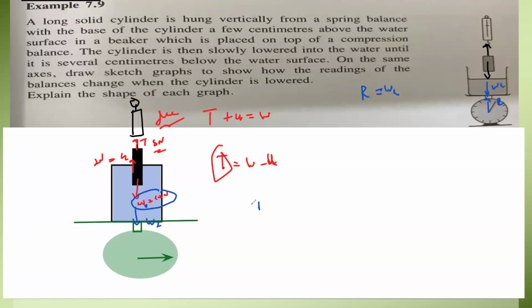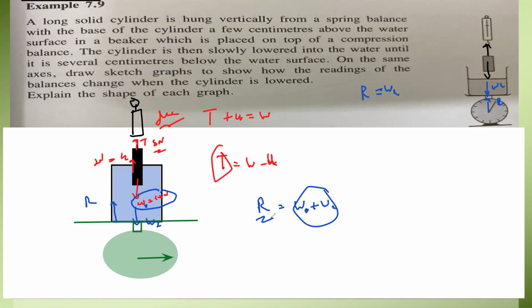So what will be the upward force from the compression balance? R. So the total downward force increases. So R will be equal to the weight of the object plus the weight of the liquid. So what will happen to the value of R? R will increase, meaning the total downward force has also increased. So the reading of the compression balance will increase, but the reading of the spring balance will decrease.